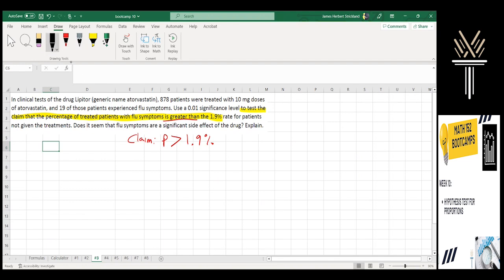All right. Does this claim have equality? Of course not. It's just greater than. So this claim then is the alternative statement, because the alternative is the only one that has no equality. That means the null hypothesis is the proportion is less than or equal to 1.9%. Or if you prefer, you can simply say equal to 1.9%.